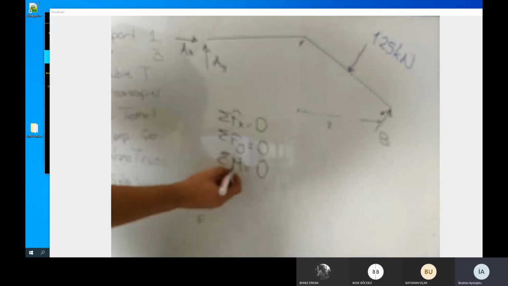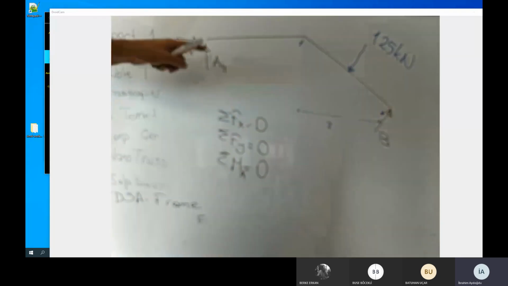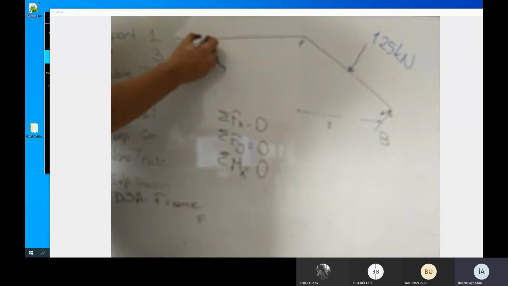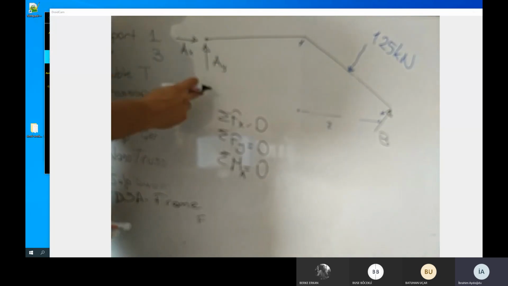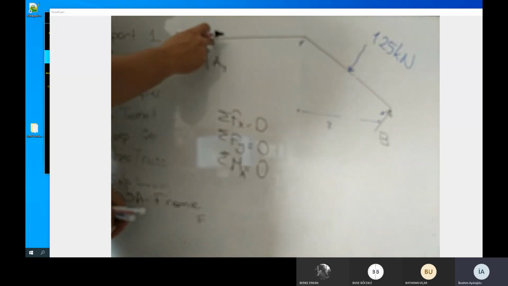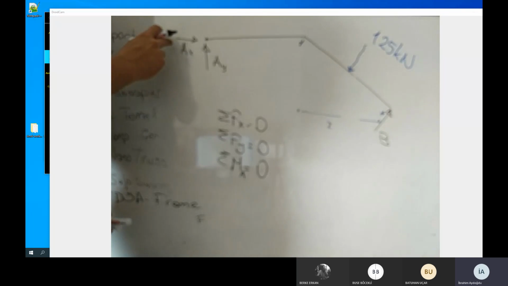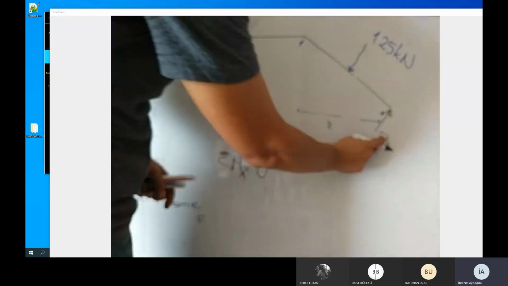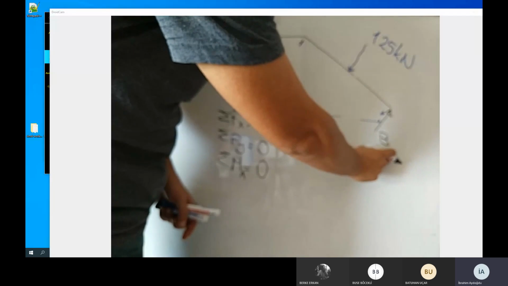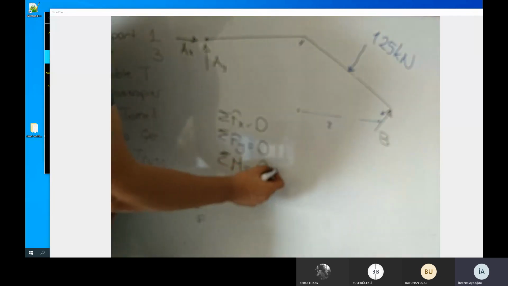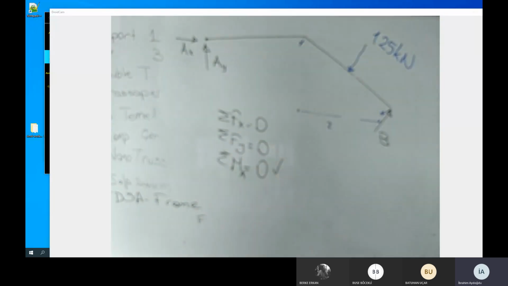I am taking point A because I can eliminate two unknowns on this beam. Therefore, AX and AY cause zero moment. Only one unknown remains, reaction B. Therefore, I want to start with sigma MA equal to 0.